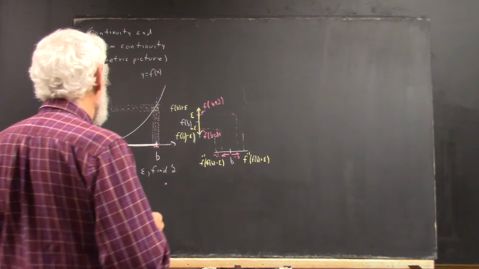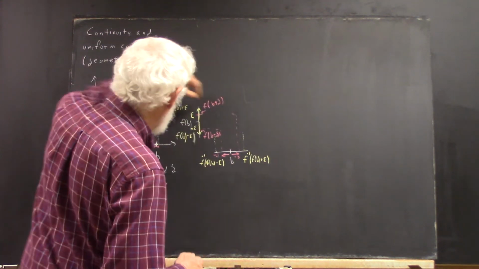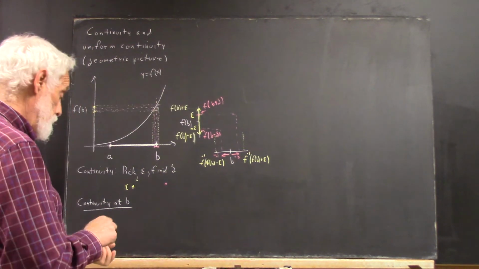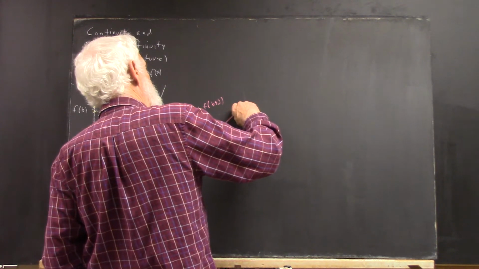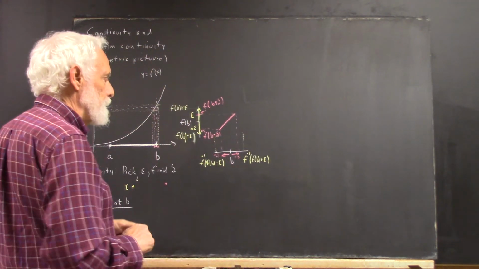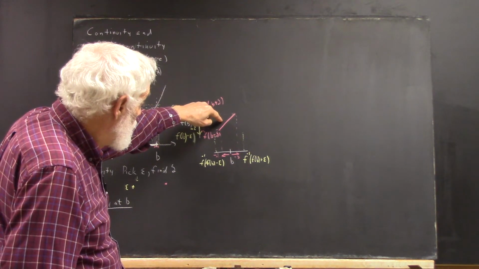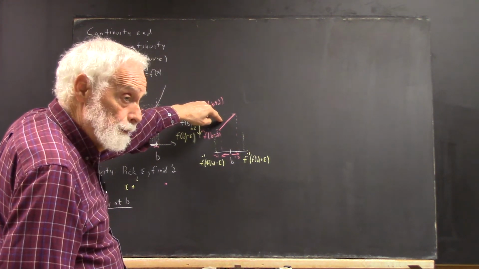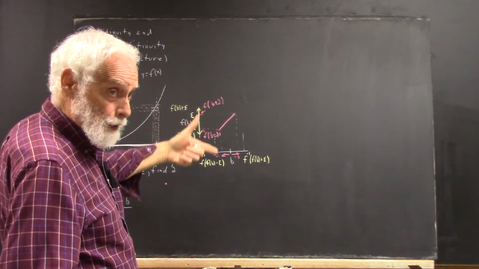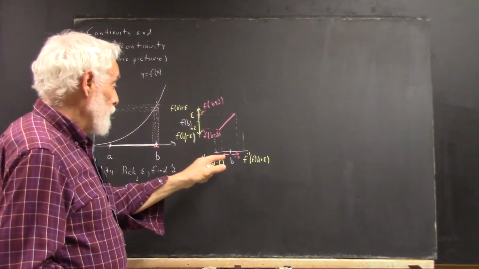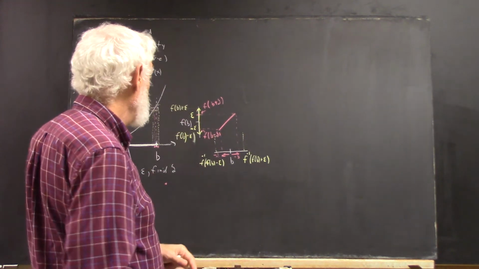Now between this point and this point, you can imagine where that would be on this graph. There's a line segment. The line segment has a slope. And that slope is equal to the derivative of f of x at some x between here and here, some x within delta of b.